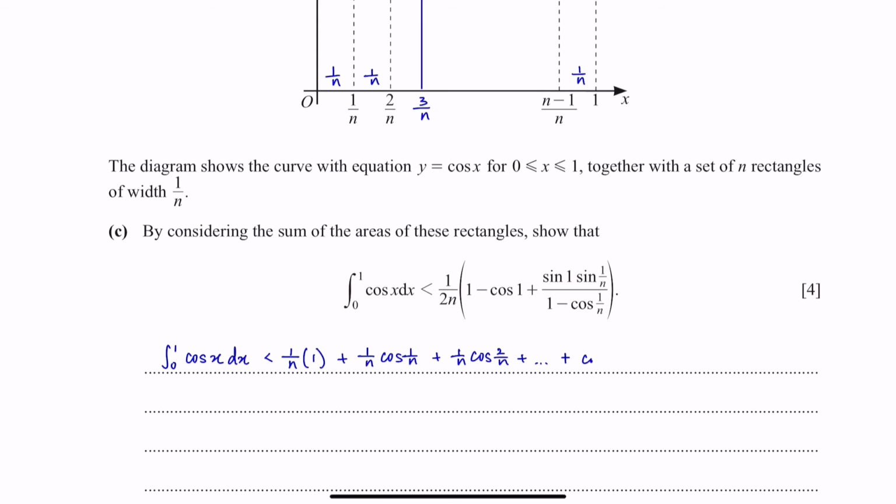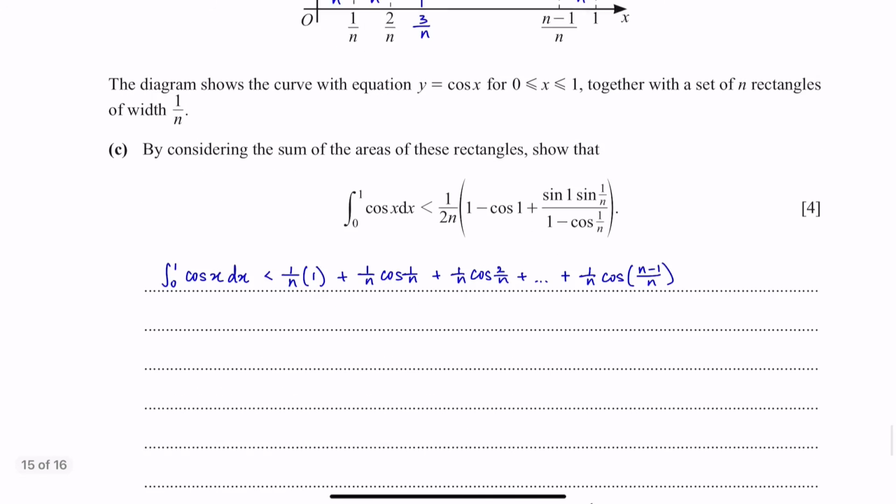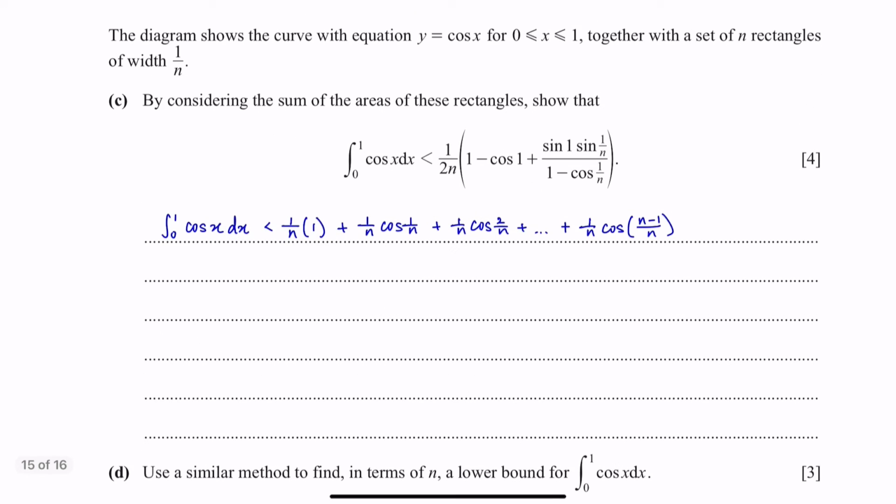And the last one would have the height of cos (n minus 1) over n. And we can factorize the 1 over n out to get 1 plus cos 1 over n plus cos 2 over n until cos (n minus 1) over n. Yes.